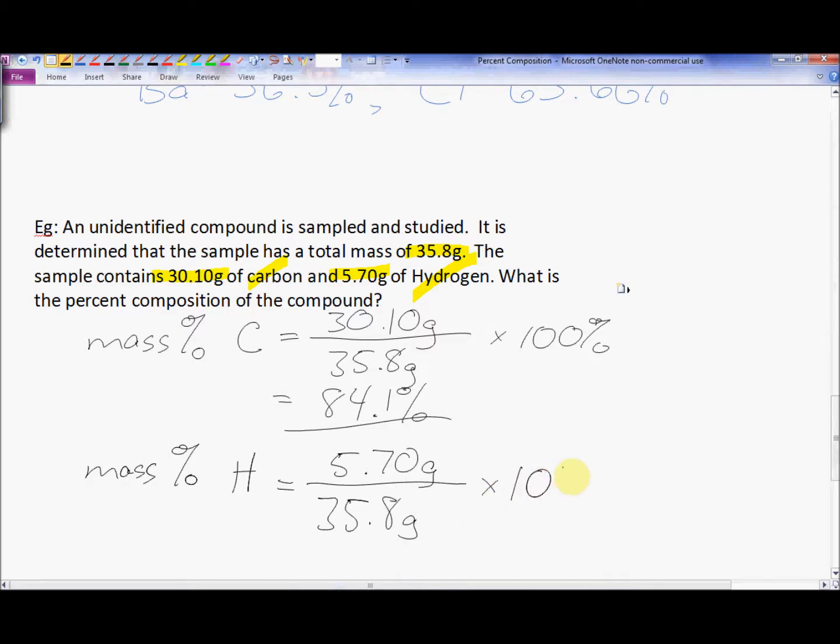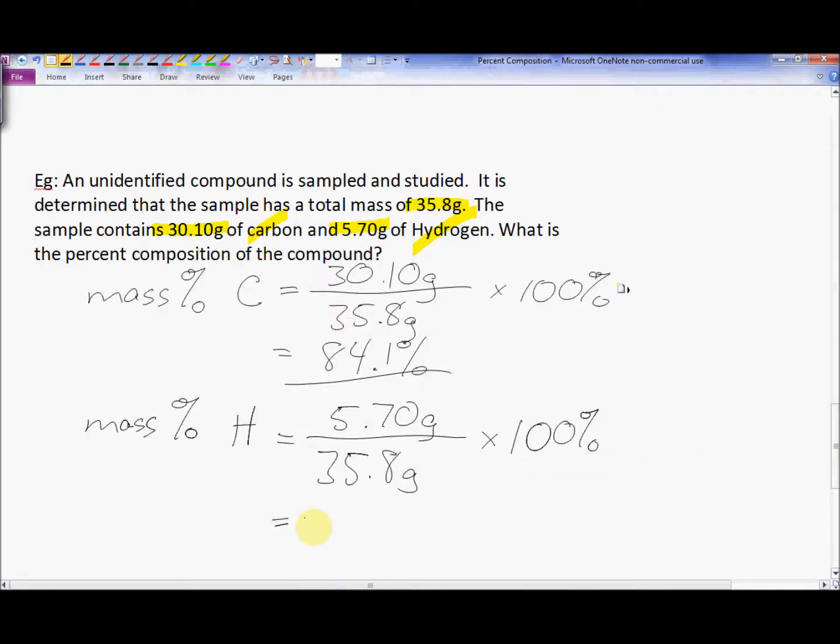Okay, and if we do that, that gives us 0.159 times 100%, 15.9%.